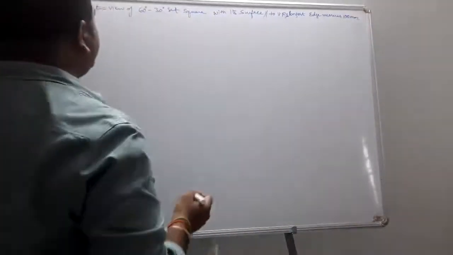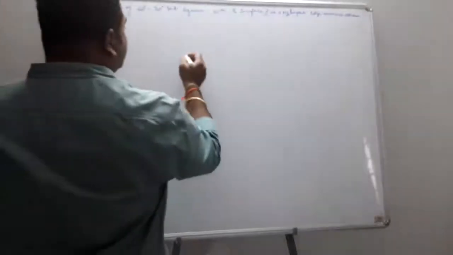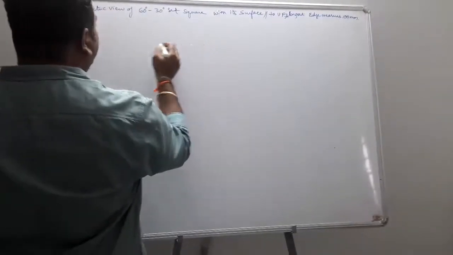So first of all, we construct our 30-60 set square. The 30-60 set square is going to be obtained like this.